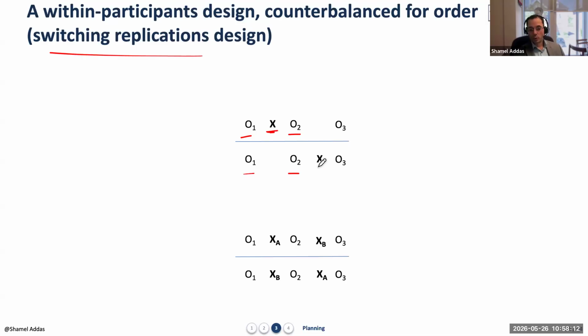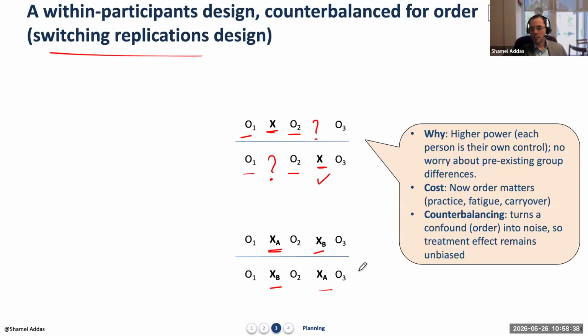So now group 2, which was waiting at this time, now gets the treatment, whereas group 1 is now the group that's not getting the treatment. Okay, so that's called switching replication design, and you can do it with factors as well. So group 1 gets factor A, while group 2 gets factor B, and now they switch it. So this is called switching replications.